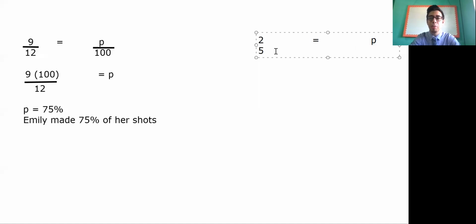Remember, I'm talking about the number of shots. So 2 is divided by 5, and P is divided by 100. This is the percent, so you relate it with the percent, and the number of shots, you relate it with the number of shots. And I can draw it here, so you can see it as a fraction.